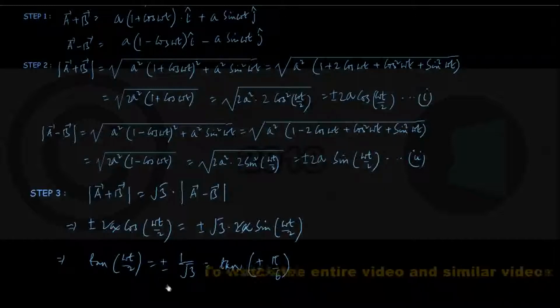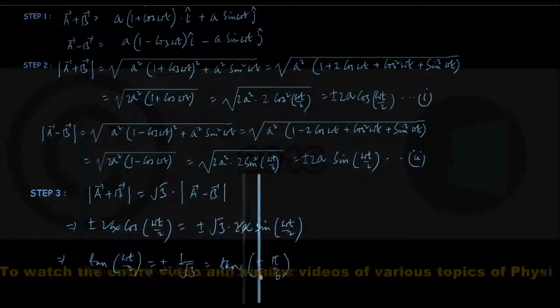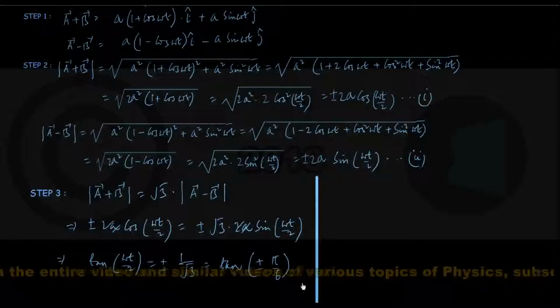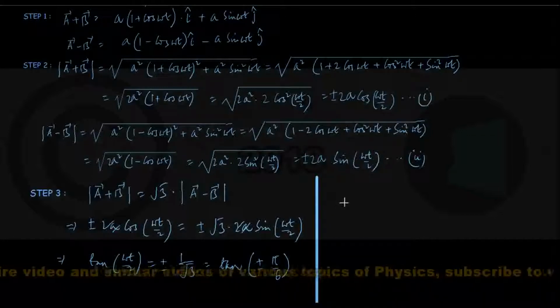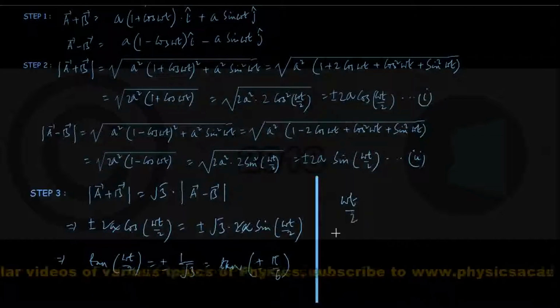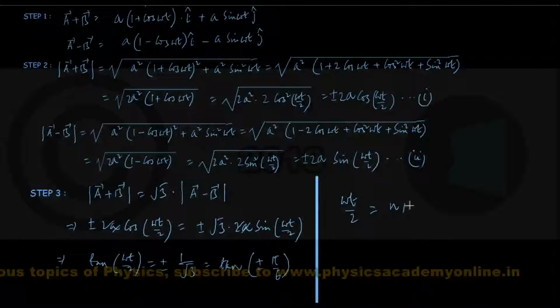Now recalling the general solution of trigonometric equations, you can write from here, just making one more column on the right hand side, omega t by 2 is equal to n pi plus minus pi by 6, where the value of n can be 0 or any positive or negative integer.